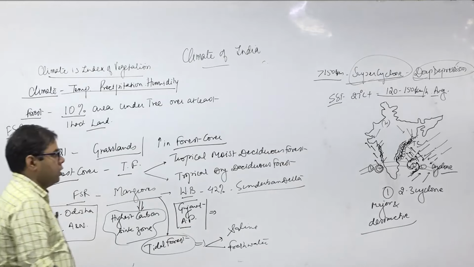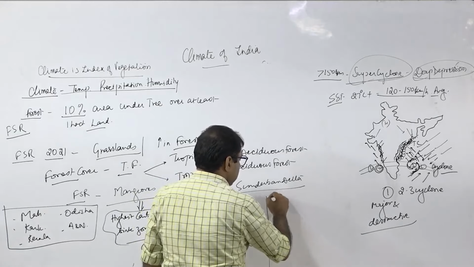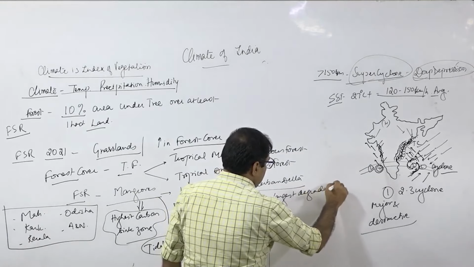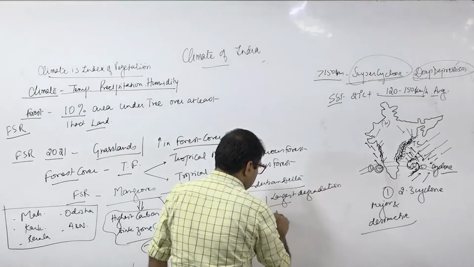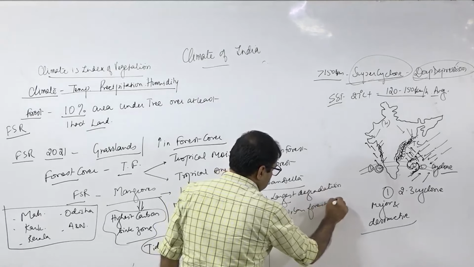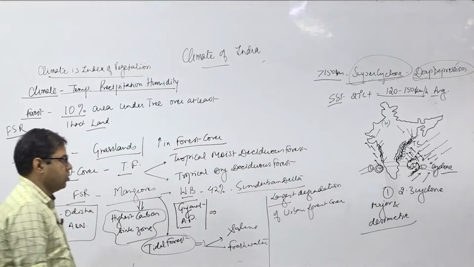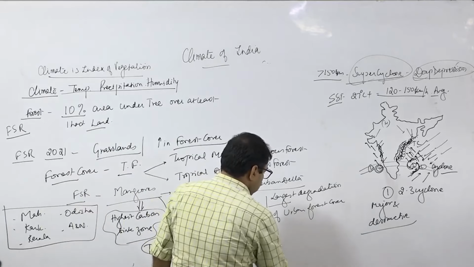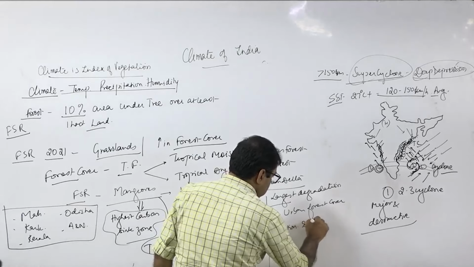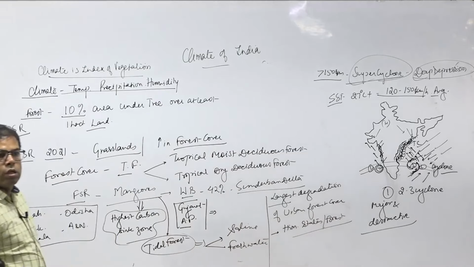So there has been the largest degradation of urban forest cover. Largest degradation of urban forest cover, and also in recent time the degradation of the forest in the Himalayan states or Himalayan forest, right.